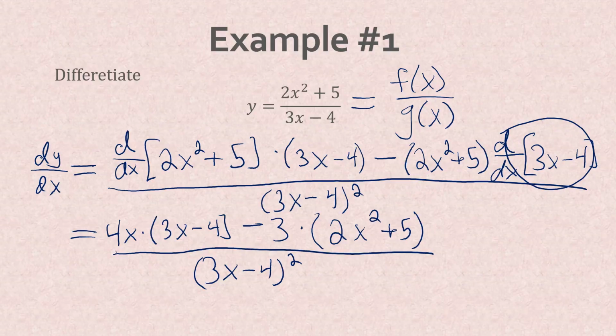Again, at this stage, you'd probably distribute the 4x, and you'd distribute the minus 3, and you'd collect some like terms.